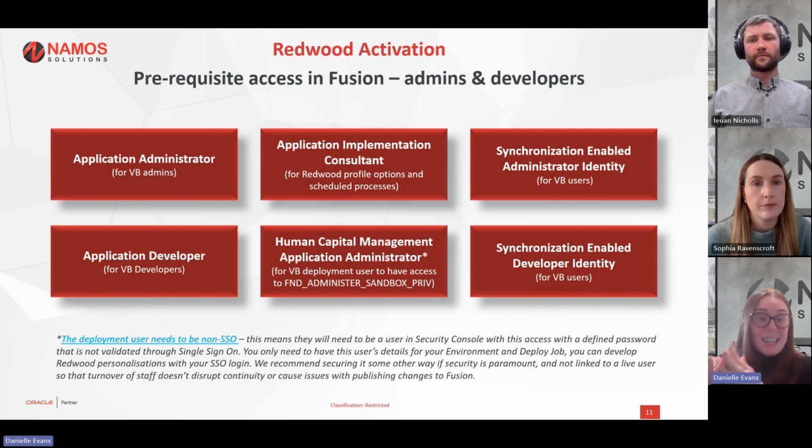But primarily the easiest way forward is when you're adding, let's say, your development 1 environment connected to your Visual Builder Studio, that you have a separate deployment user, which many of you may already have, running things like scheduled processes, that's not connected to a real person in the system. And the username and password for that needs to be a non-single sign-on setup.